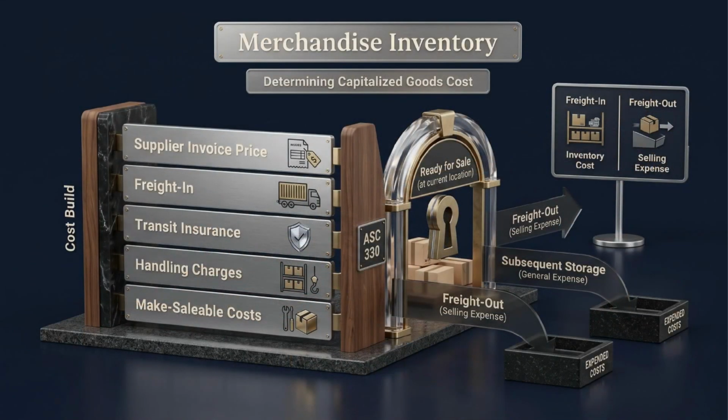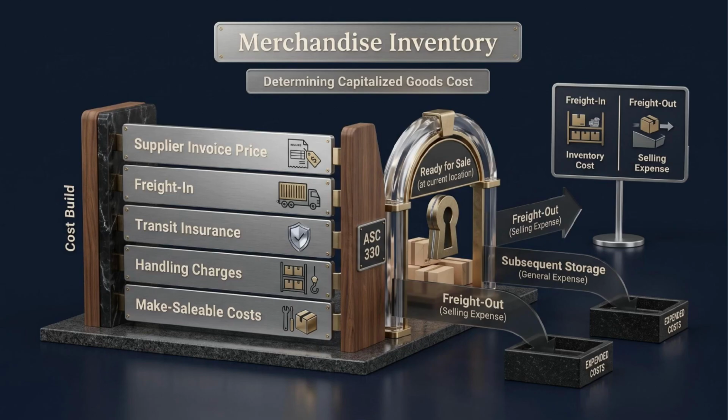For merchandise inventory, the cost normally includes more than the supplier's invoice price. The invoice price is the starting point, but freight in, transit insurance, supplier handling charges, and other necessary costs to make goods saleable may also be capitalized. The cost build generally ends when goods are ready for sale in their current location.